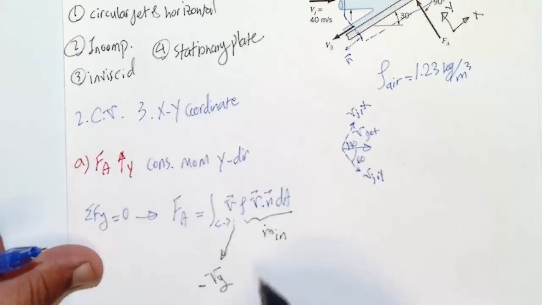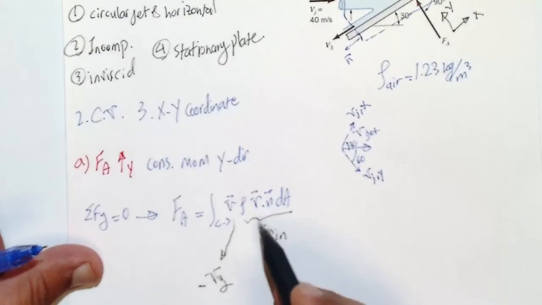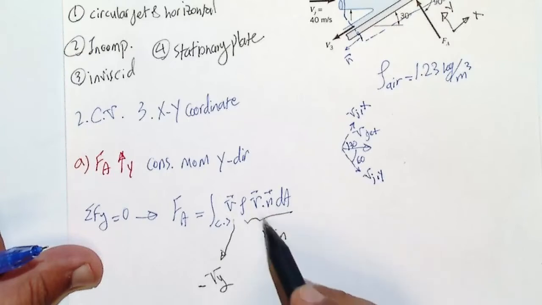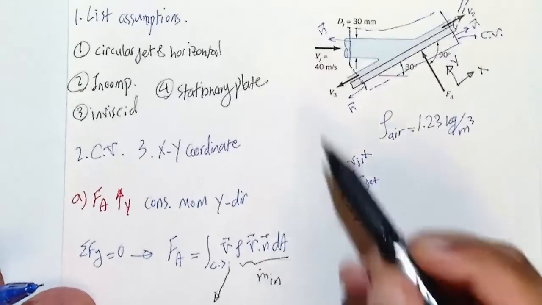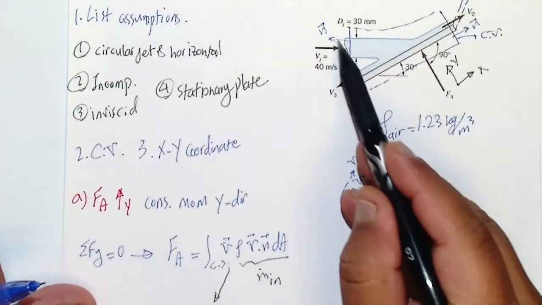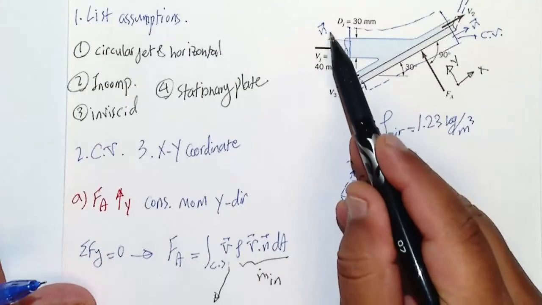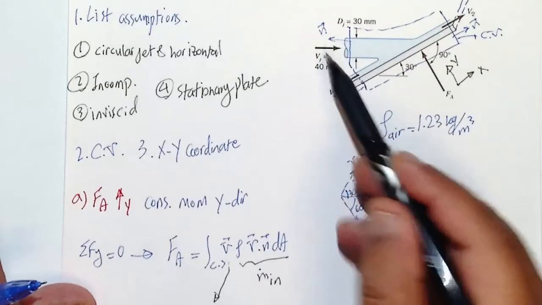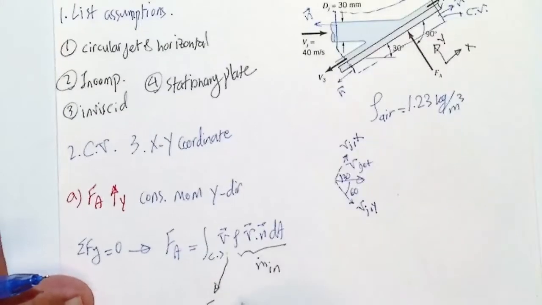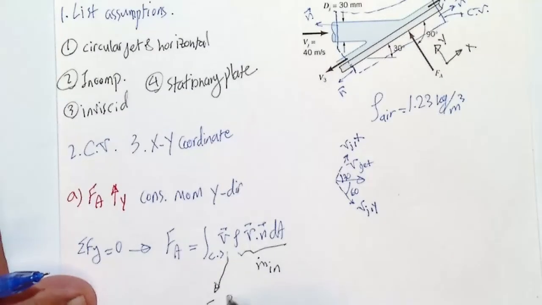What about m dot in? M dot in is rho V dot n dA, right? V dot n also has a negative sign because V dot n is Vj times cosine of the angle between these two, which is negative 1. So you have minus; you can replace rho here. Instead of V dot n, you can write minus Vj, and dA is going to be Aj.